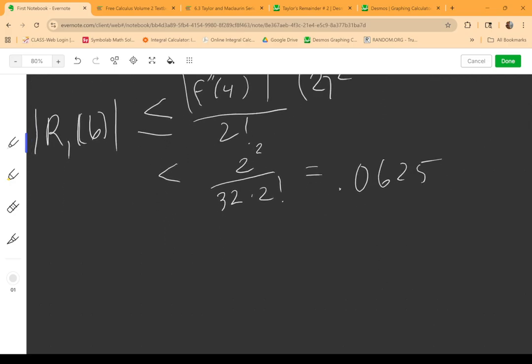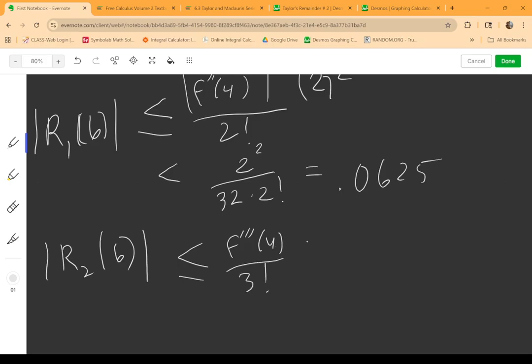All right, and in a similar fashion, R2 of 6, we can bound it. It's going to be less than or equal to the largest value for our third derivative, which occurs at 4, over 3 factorial, and that becomes 6 minus 4 cubed.